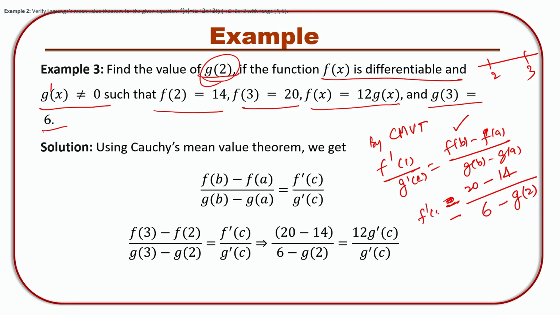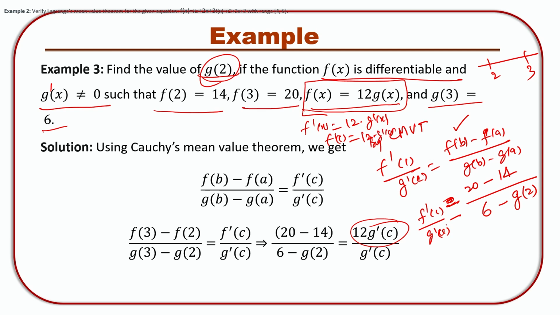f dash of c divided by g dash of c, right? So what will be the value of f dash of c? Here it is given f of x equal to 12 of g of x. So f dash of x is equal to 12 into g dash of x. Therefore, f dash of c is equal to 12 into g dash of c.